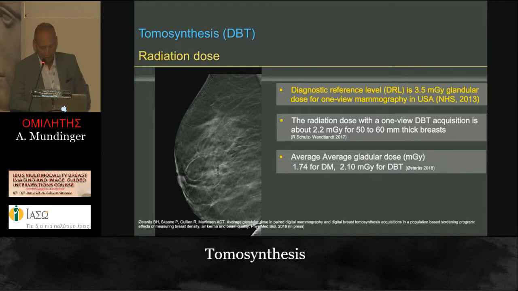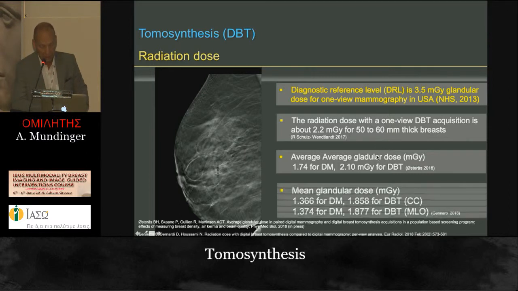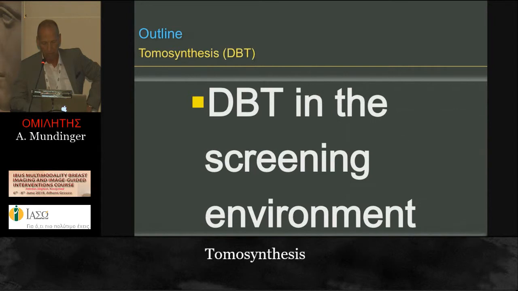In other current studies, it was even lower for DBT. And in one of the very recent studies, it's just DBT 1.8. So our dose is low, comparable to digital mammography.